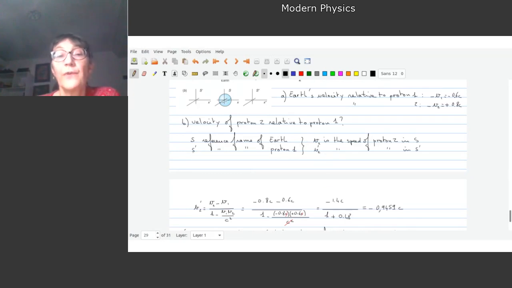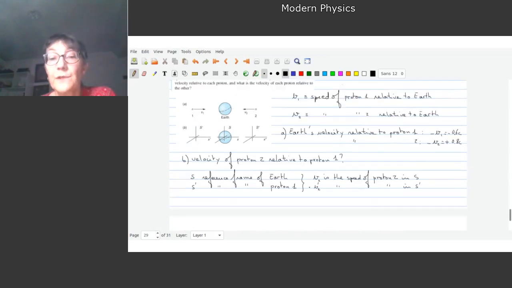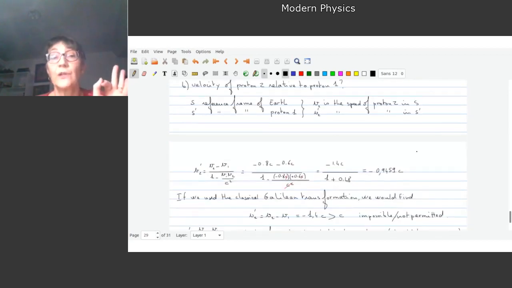So V2, as I wrote here, is the speed of proton 2 in S, and I will call V prime 2 the speed of proton 2 in S prime. All I have to do is apply these transformations I have deduced before, being very careful with the sign and with the notation.